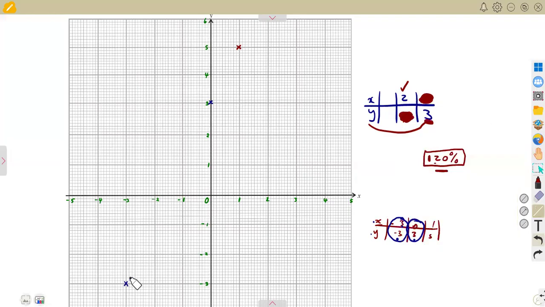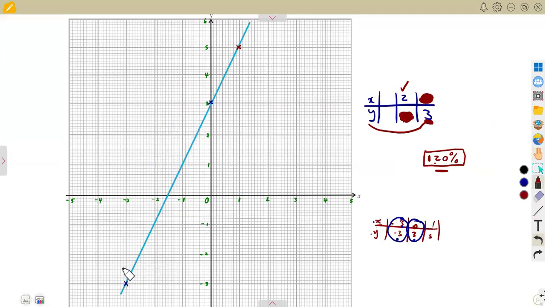From this point, I'll just try with a marker, something like this. All right, just something like that. So you mark your points first.